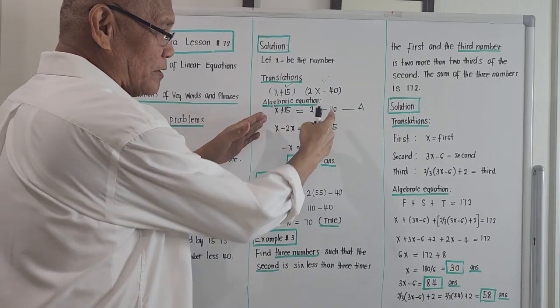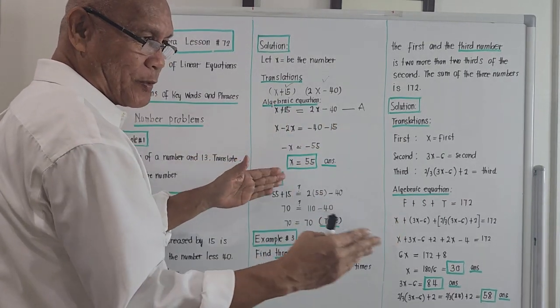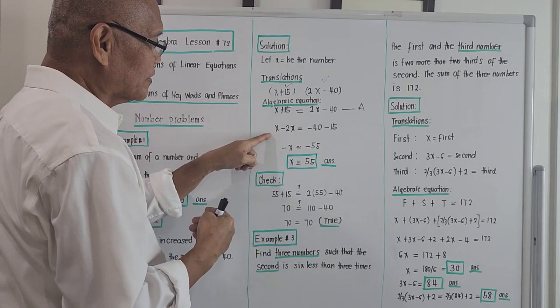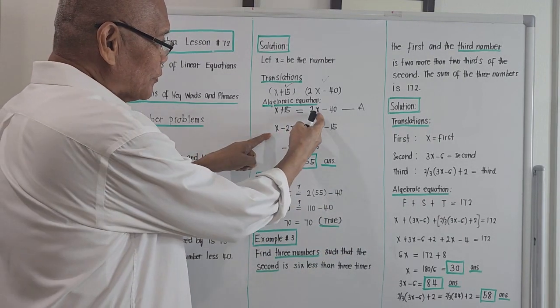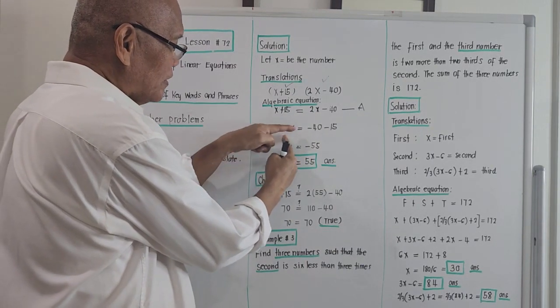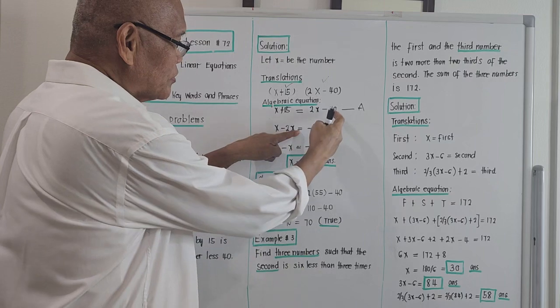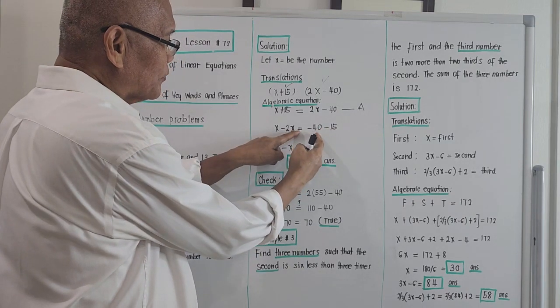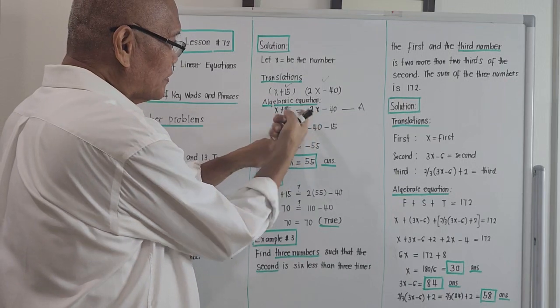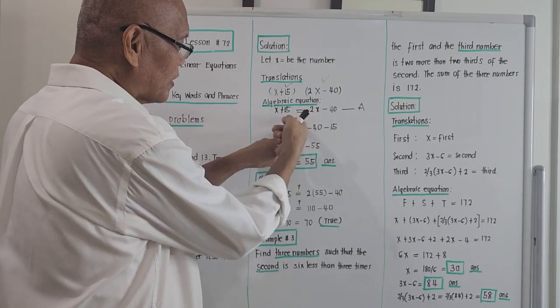We'll solve for x. The proper way is to put the unknown on the left hand side, so we maintain this x here. We put this on the left, so this is now negative 2x, equal to negative 40. Instead of adding and subtracting minus 15, we just transpose this to the right.